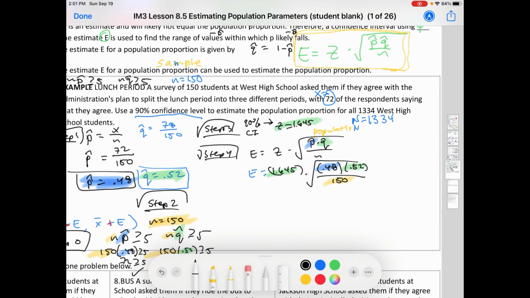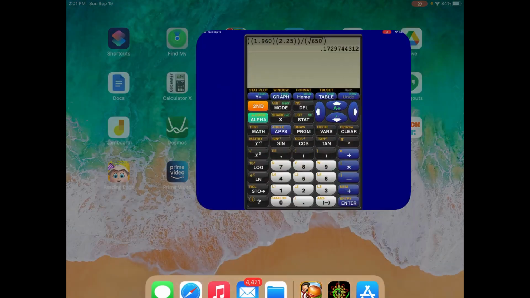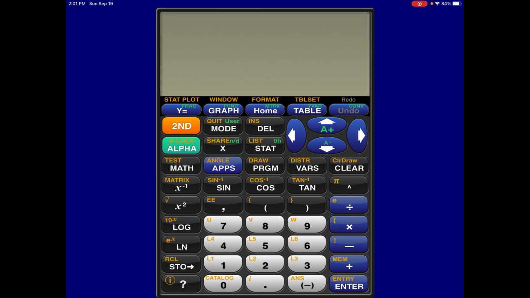All right, so clear. I have 1.645 times parentheses. I'm going to do second, x squared, square root. Then in here, I'm going to do parentheses to notate the numerator: 0.48 times 0.52.